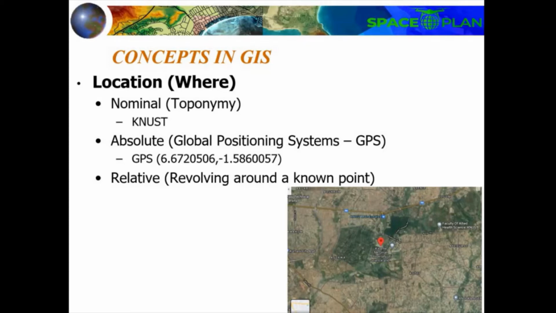If you look at the picture below, you realize that KNUST is situated among some communities. You can see Kotei, Ayeduase, Bomso, and the other locations. So you can describe where KNUST is in relation to other known points around the same area. These are the 3 basic aspects of location as a concept in GIS.